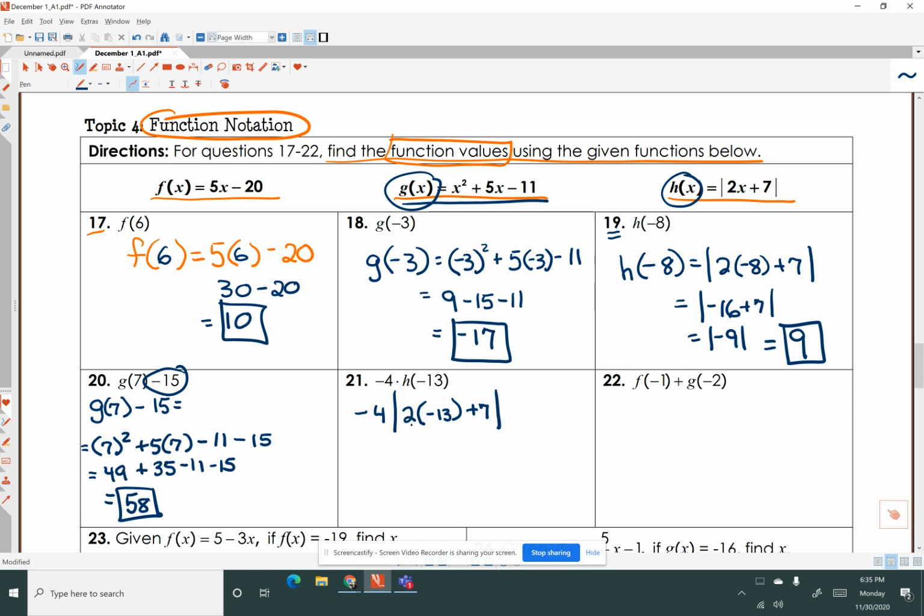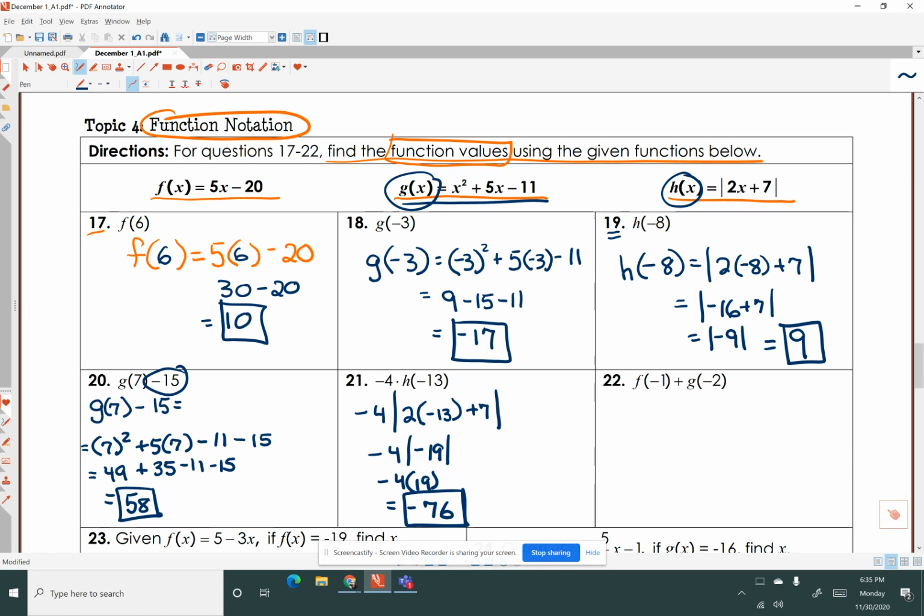So evaluating inside the absolute value bars, we have negative 4 times the absolute value of negative 19, negative 4 times 19, because the absolute value of negative 19 is 19, and negative 4 times 19 is negative 76.